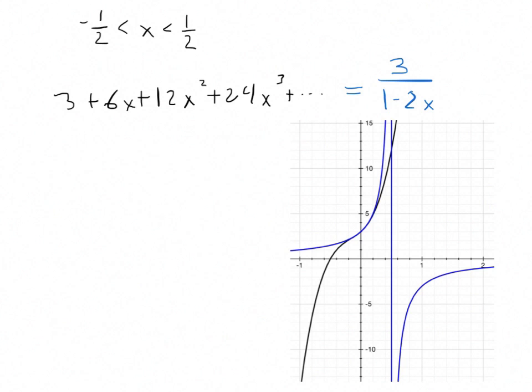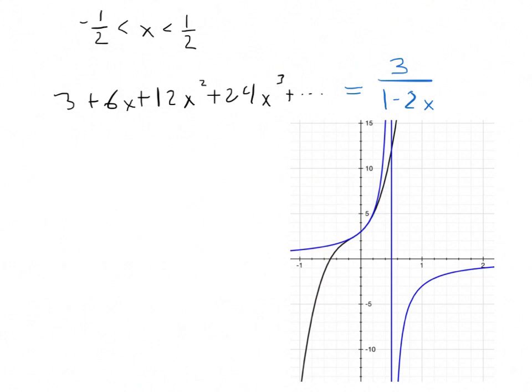So I graphed in black this power series. I only went up to the third degree term, and so that's why it's not perfect. If you look at the graph here, right here is where negative a half is, and right here is where positive a half is, and you can see centered around 0, my black polynomial is doing an awesome job approximating this rational function.